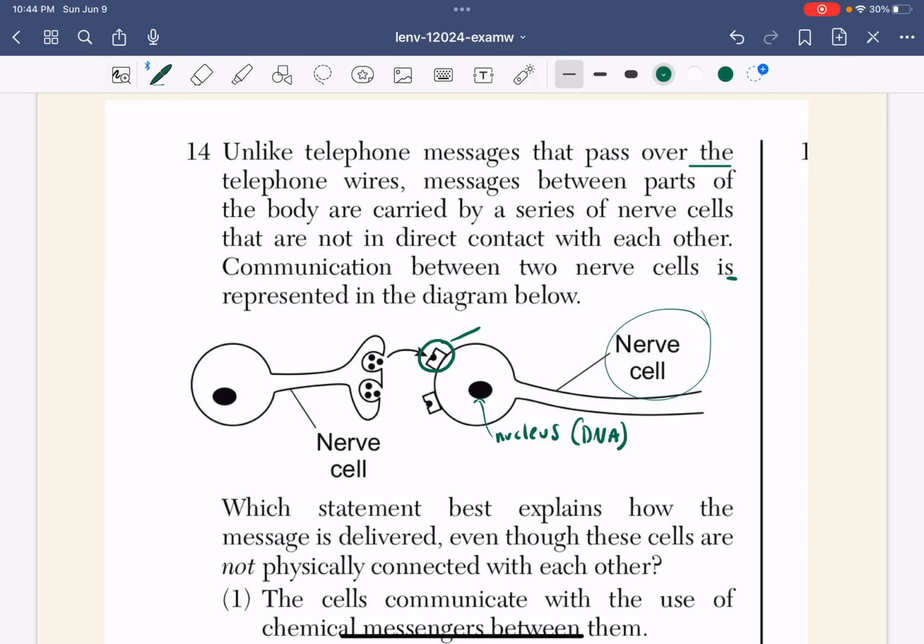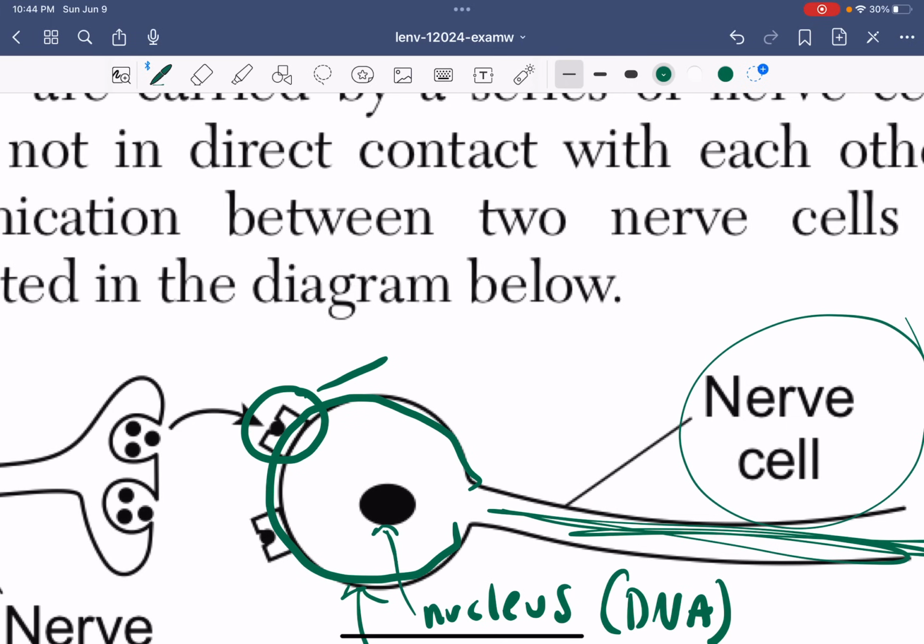Your skin cells are different. So that's your nucleus. This is your cell membrane. This is a very specific part of the nerve cell. But on the cell membrane, you have something called receptors, and these receive the information. So they receive the chemical.